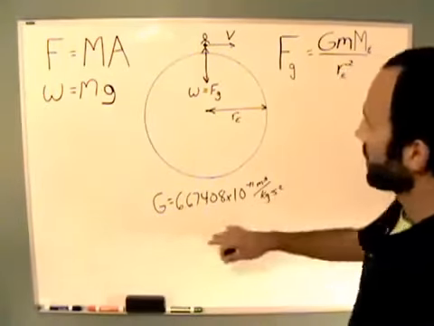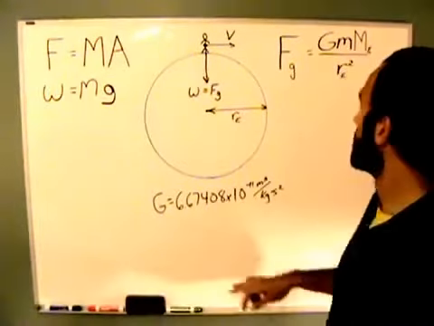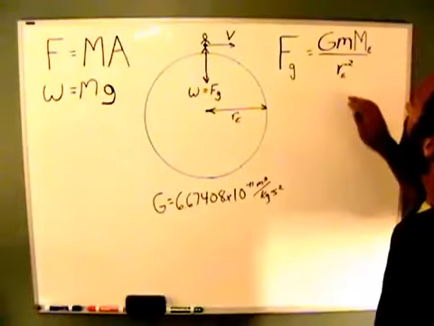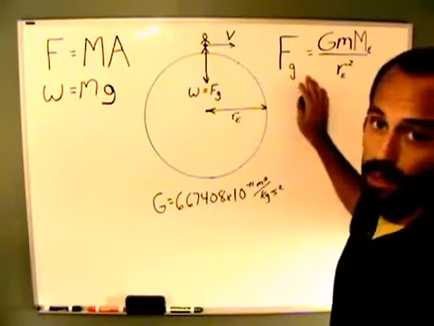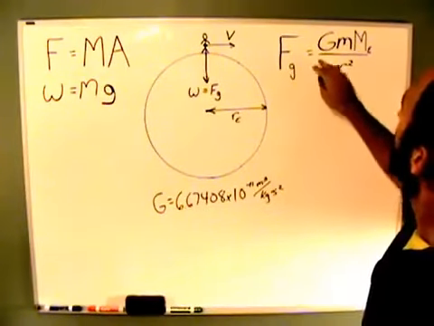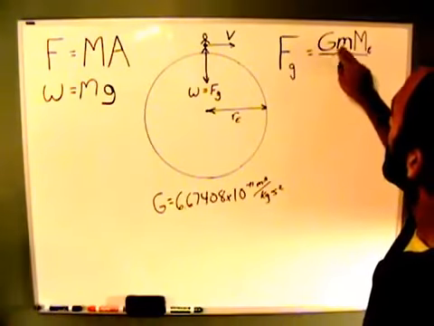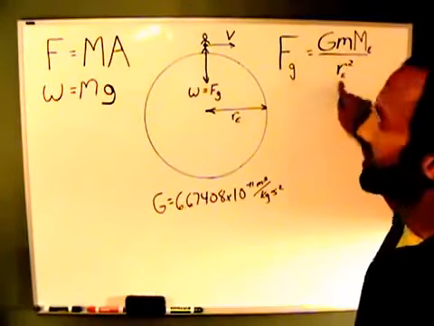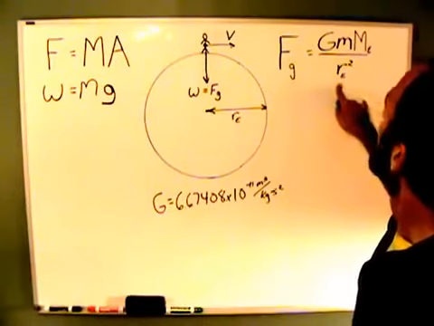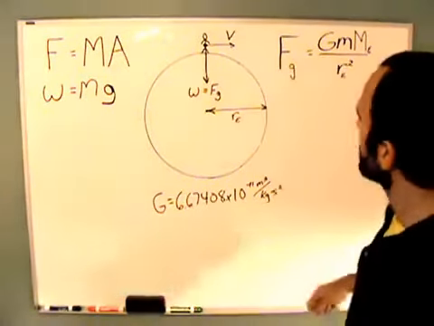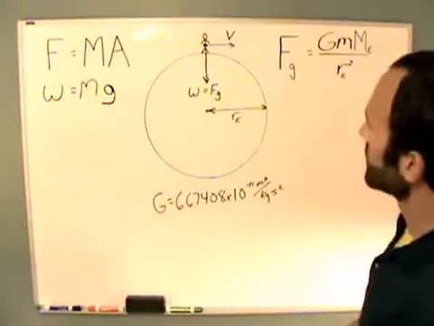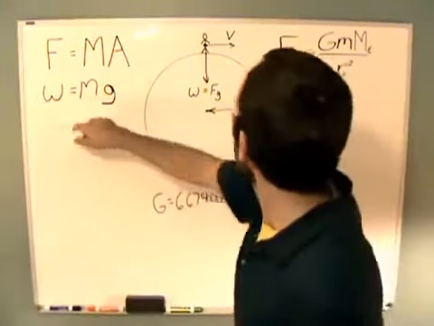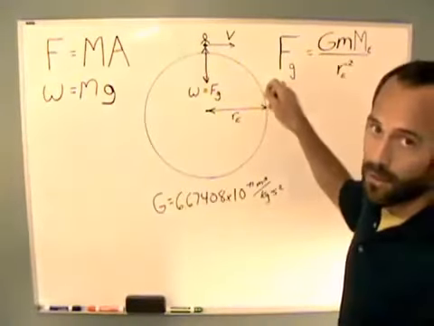He determined that from that experiment. Let's assume that's correct. So now he must have been really excited because he knows what big G is. He knows what his mass is, or any other mass of an object on Earth. He knows what the radius of Earth is. So he can set these two equations equal to each other.